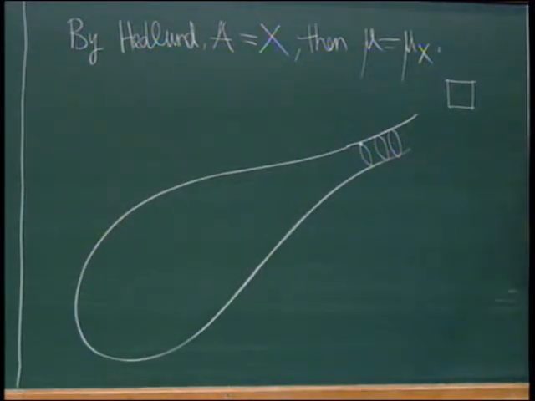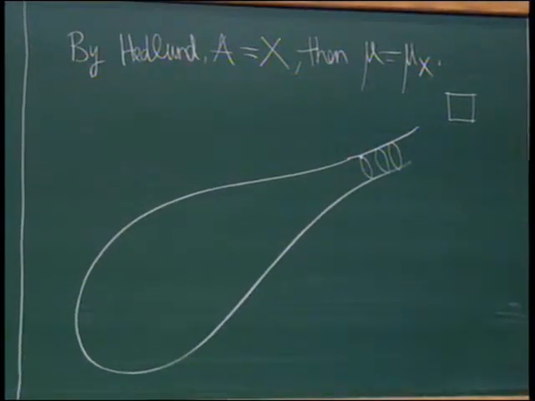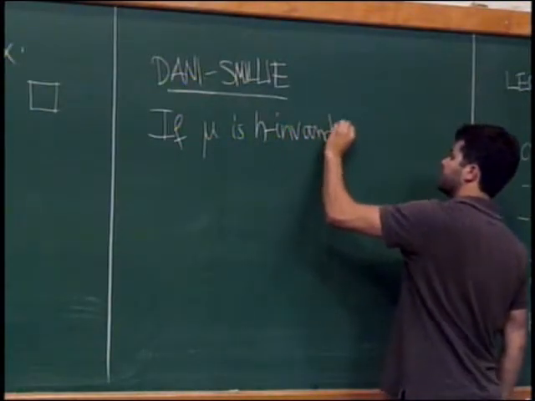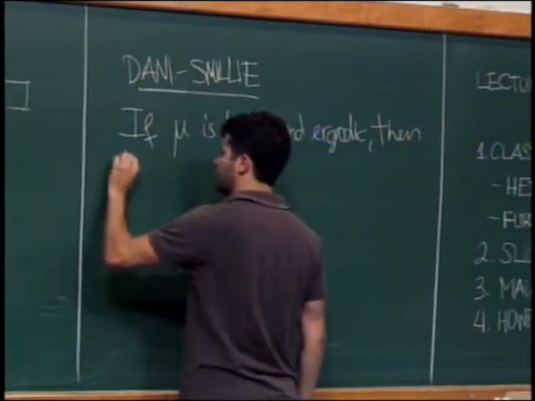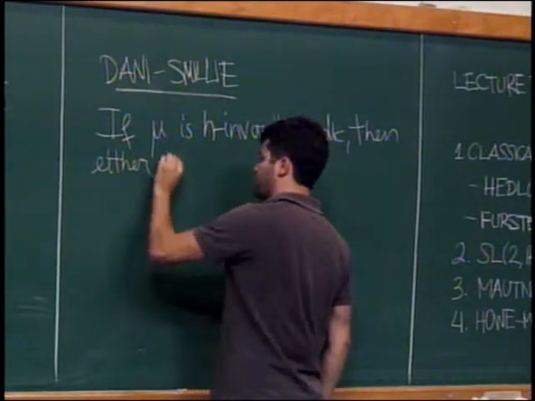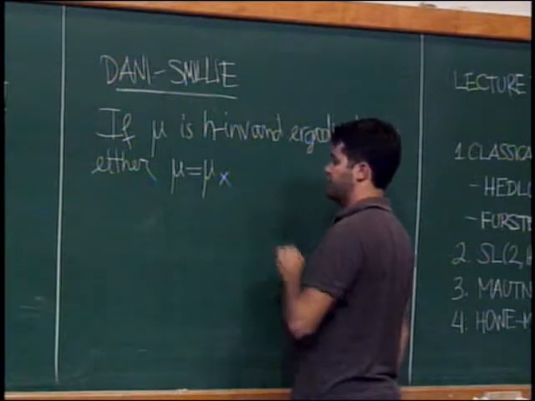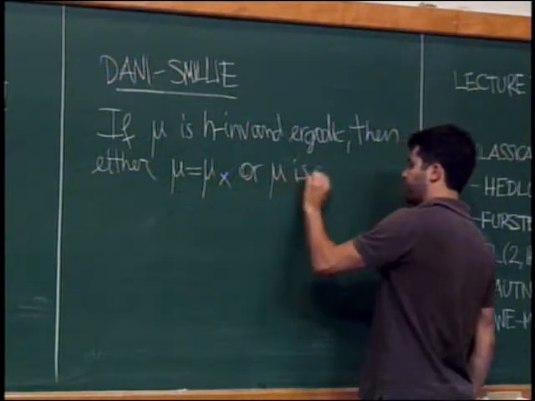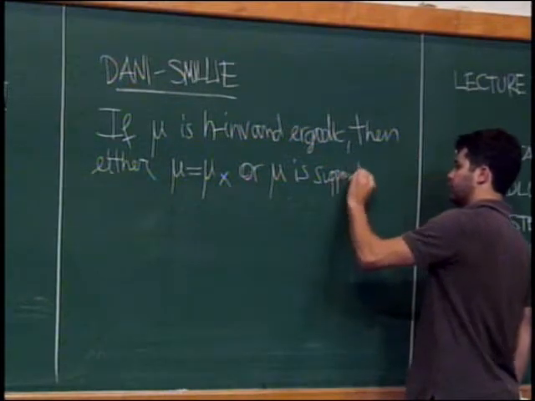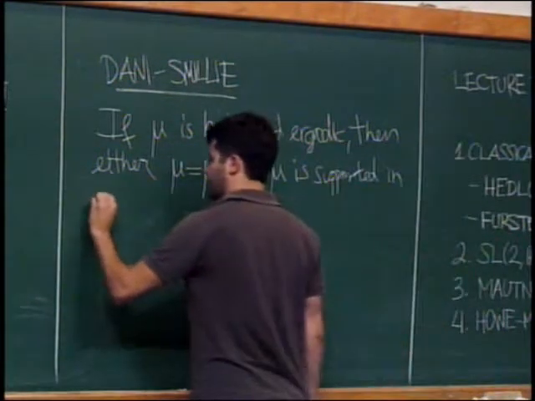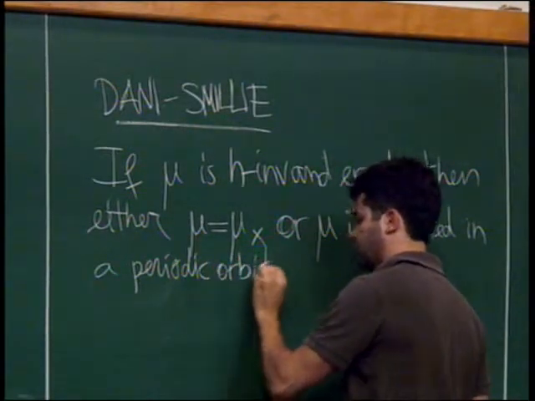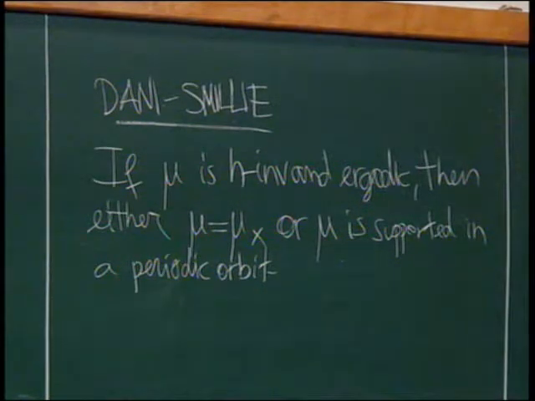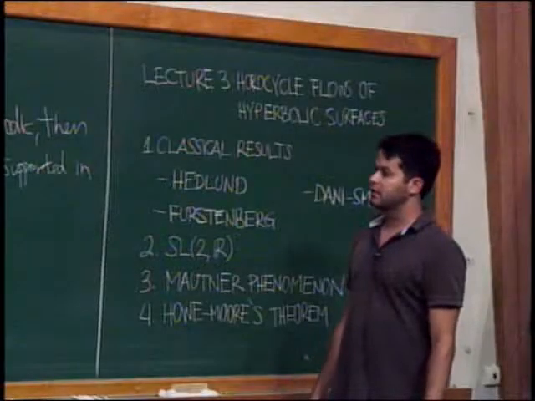In other words, they proved that if mu is H-invariant and ergodic, then either mu is the Haar measure of X, or mu is supported on a periodic orbit. So you have this dichotomy, which didn't occur when you had a compact space.